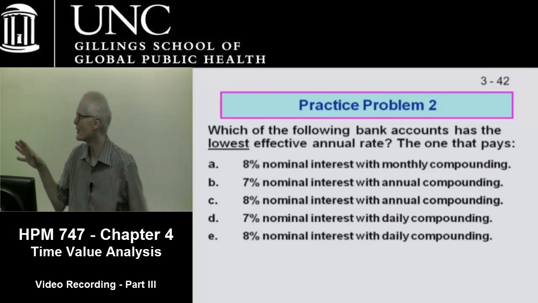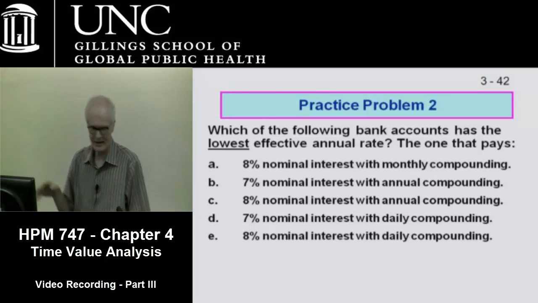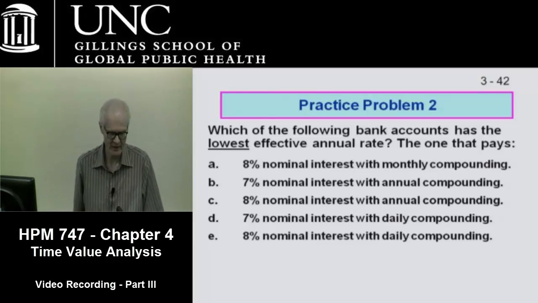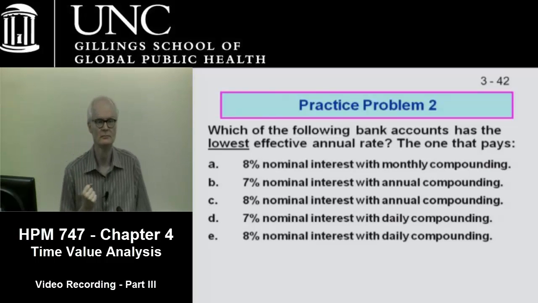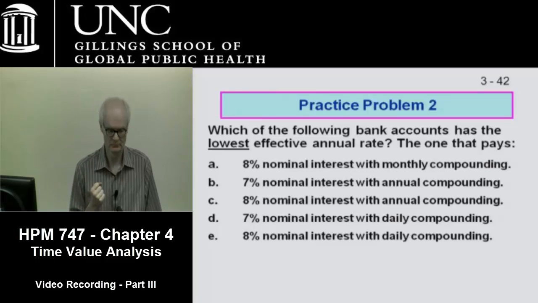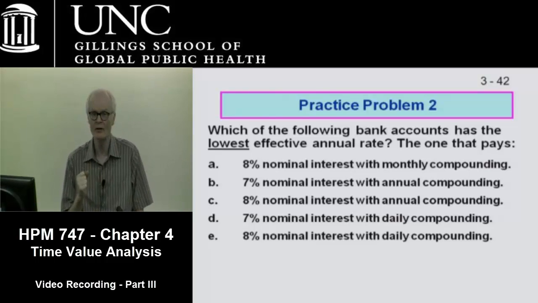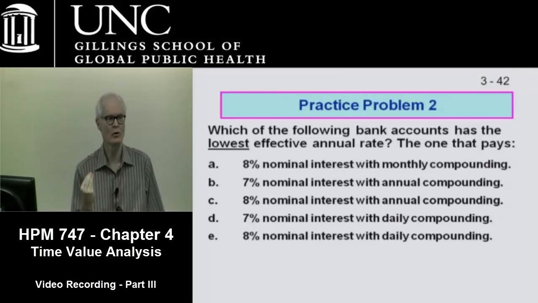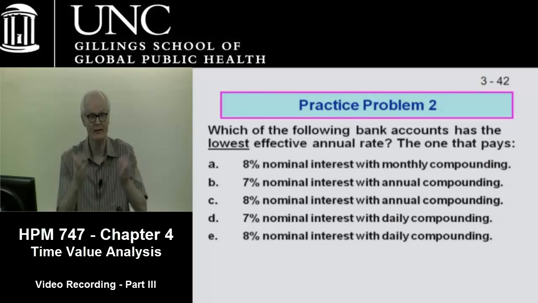What's being said here is that of the 8% interest rates, which one is going to have the lowest? Of A, C, and E. C, because it's annual. Right? Because for the other ones, intra-year compounding is greater. That magnifies the effect.